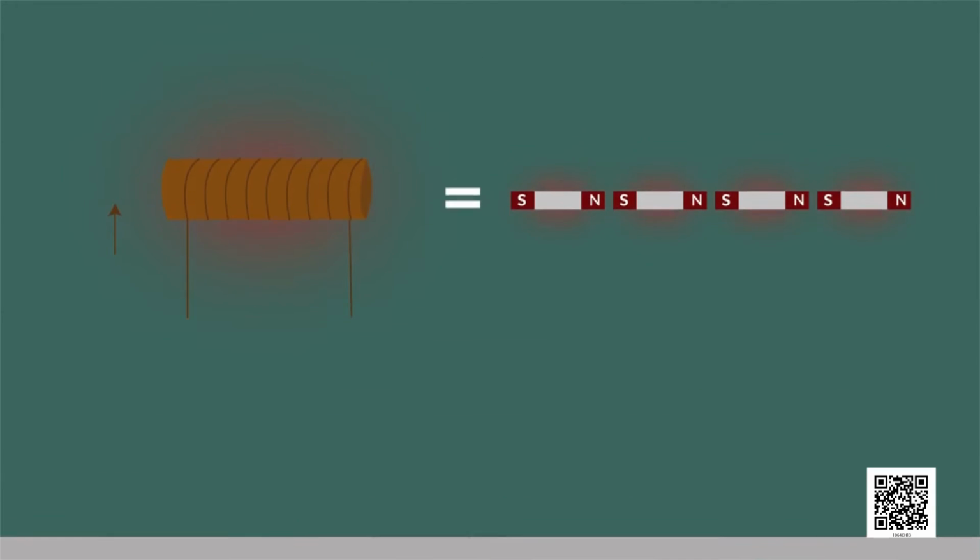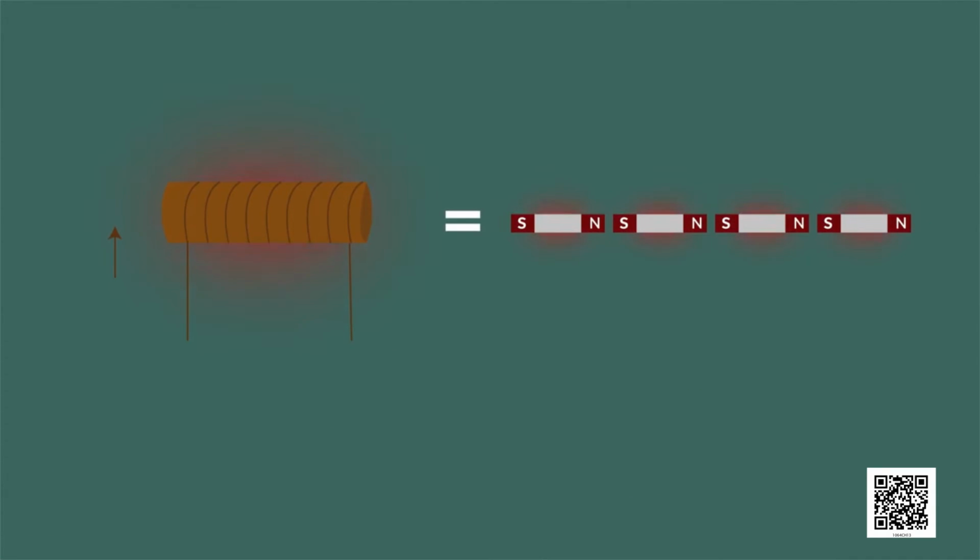We can reach such a situation when many small bar magnets are placed together with their opposite poles aligned with one another. All these together behave like a large and strong bar magnet. So, in this way, we can say that a solenoid behaves like a bar magnet.